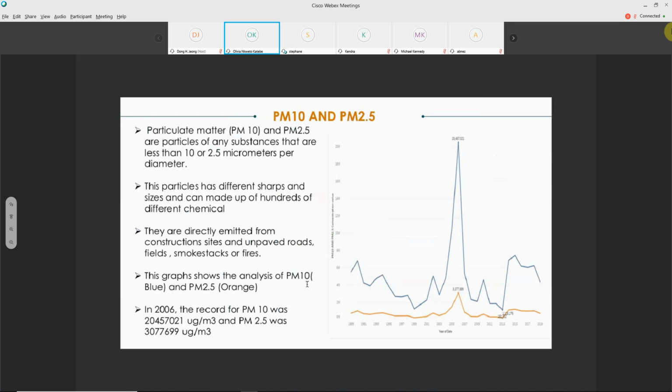The highest was in 2006 with a record of more than 20 million, and this is the one we can see in blue right here. This is PM10, and PM2.5 is in orange. It also had the highest record in the same year, which was more than 30 million.